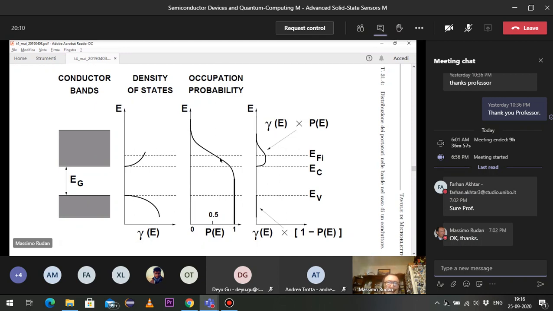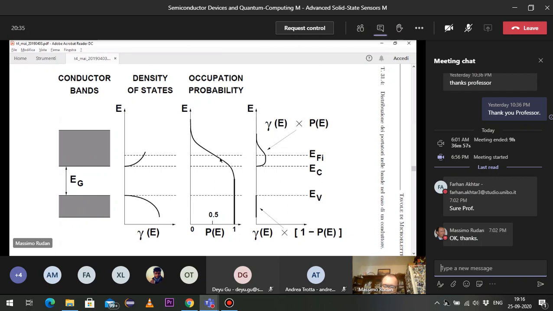Instead, for the states that are below the Fermi level, the Fermi statistics will decrease. So they will be less populated. In other terms, when we want to increase the temperature of the crystal, we give energy to the crystal from the outside.